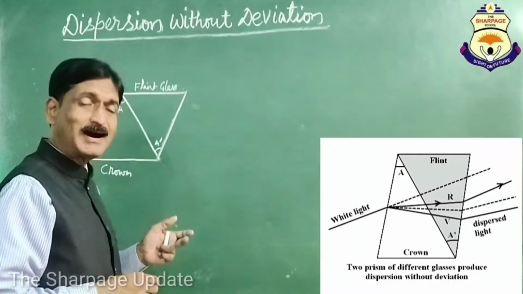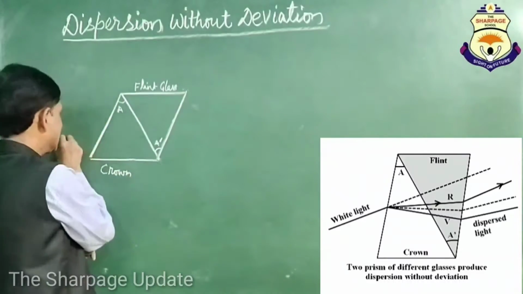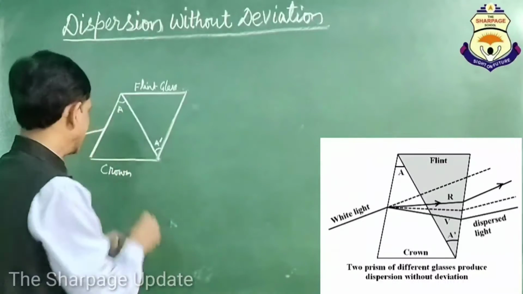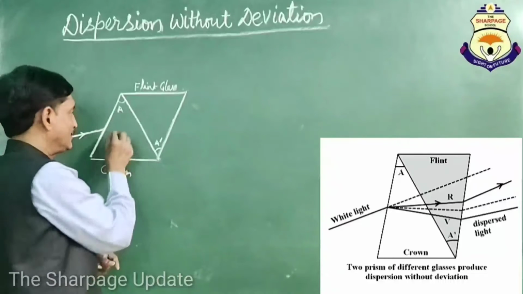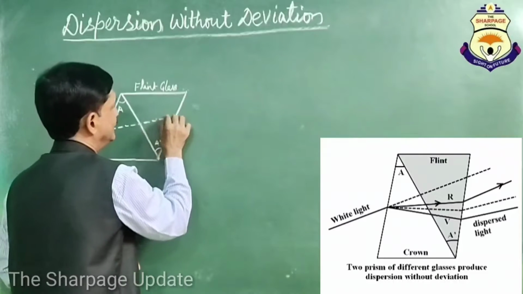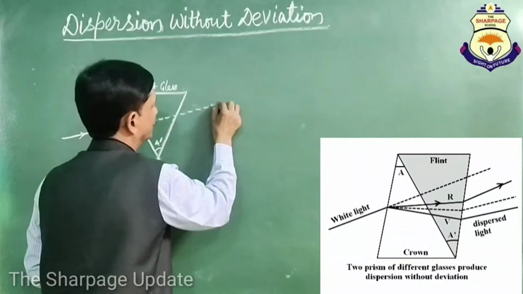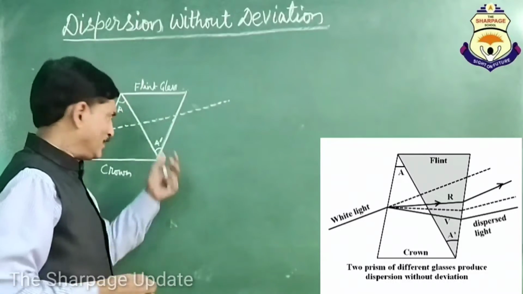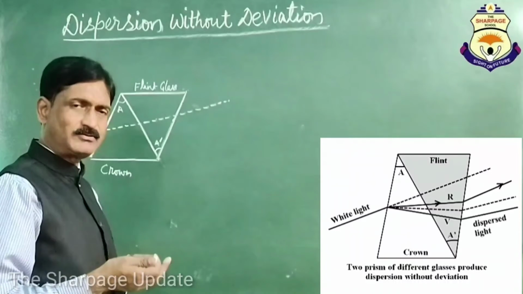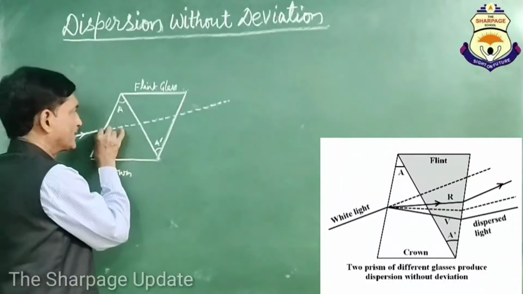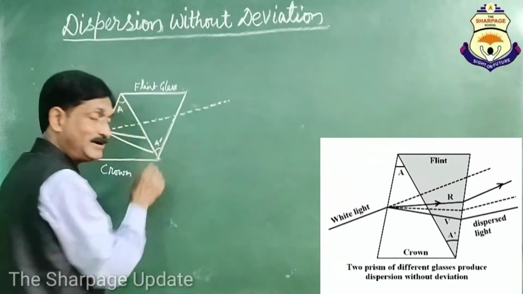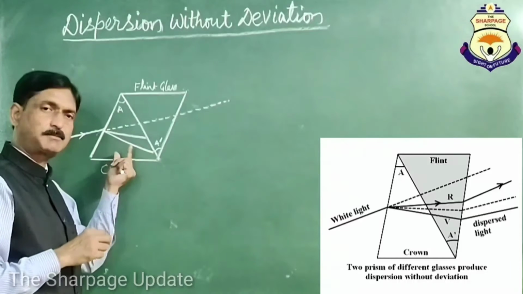Now, an incident ray is incident on the refracting surface of the first prism in this direction, and the original direction of this incident ray is in this way. Due to the first prism, this incident ray splits into its constituent colors. So this is the spectrum of the white light ray by the first prism.